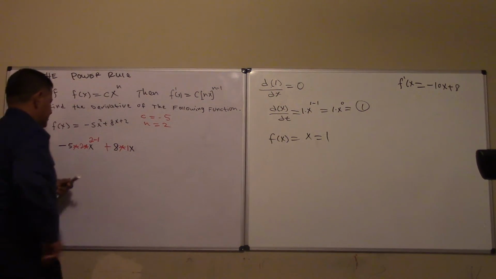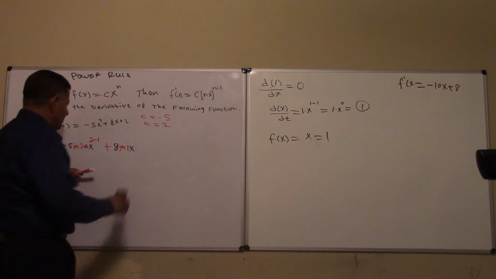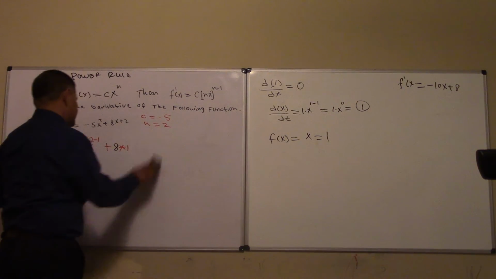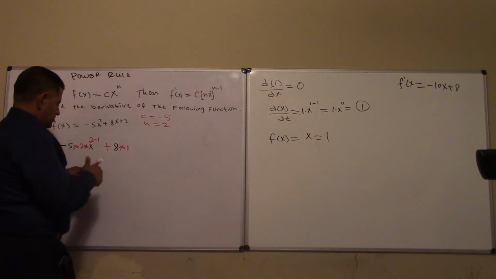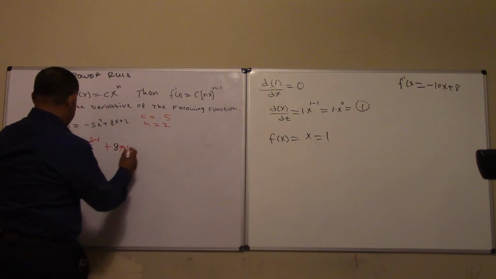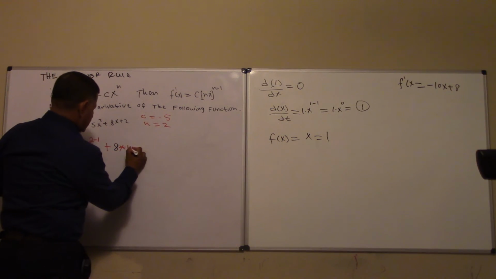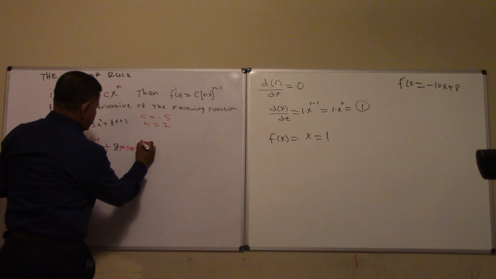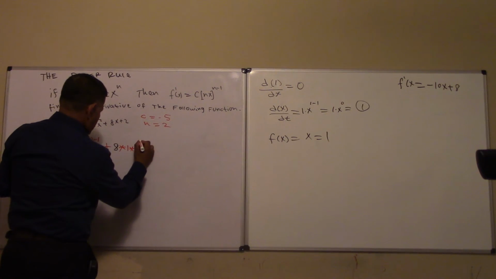Same thing here, I will be multiplying that 1 times x to the 1 minus 1.